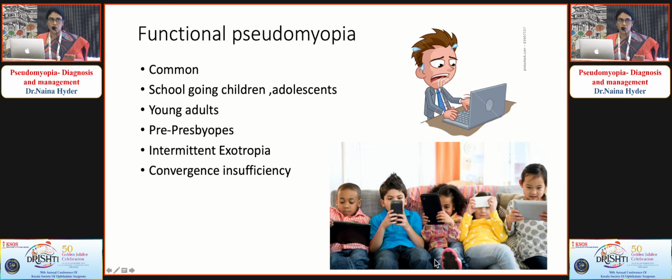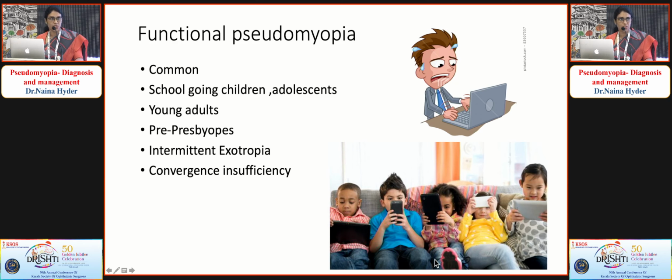You do have it around the range of the population. It has also been said that intermittent exotropia has a pseudomyopic element to it, and convergence insufficiency also. So these are the factors you have to look into in a patient with myopia: the axial length, corneal curvature, accommodation, pupil size, convergence, everything.